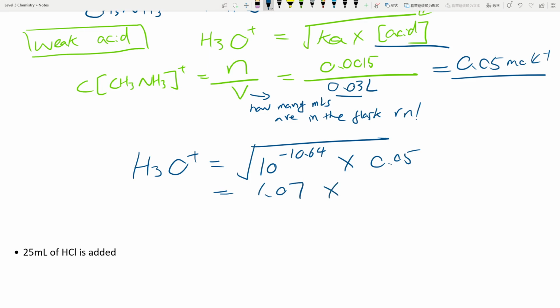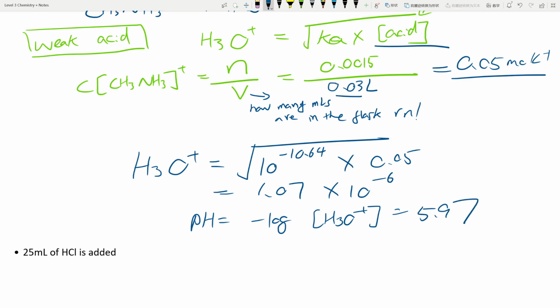Get a calculator and know actually how to use it. All right, 1.06. So what's the pH? pH is going to be negative log of whatever that thing is. Negative log, which is 5.97. Okay, so again, this confirms what you've done is correct because you are dealing with a weak acid, so the pH should be below 7, never going to be a 7.